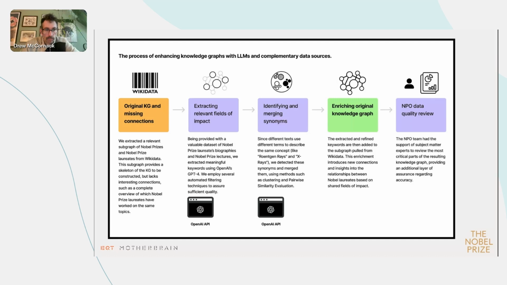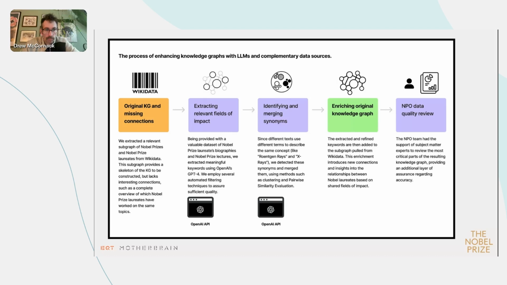It had kind of 5 steps. One was to assemble and assess the original knowledge graph. And then one was to take a bunch of extant documents that we had about the laureates. We have their speeches, we have press releases, we have Wikipedia articles, and extracting relevant fields of impact from those documents.